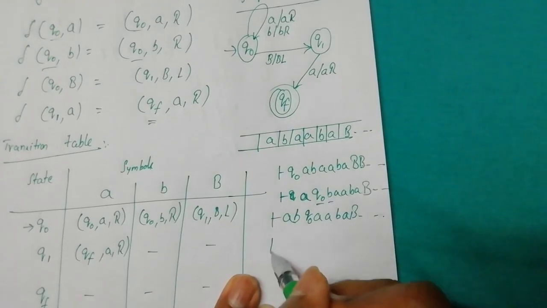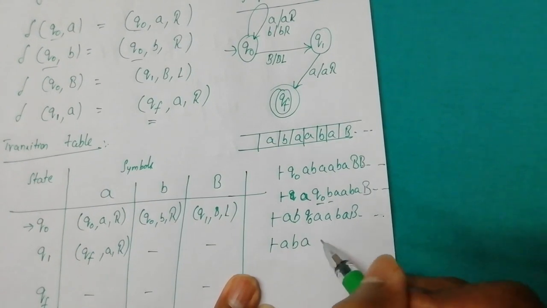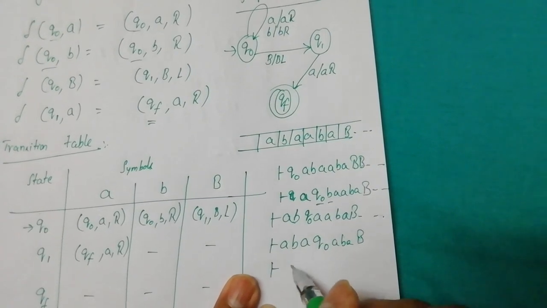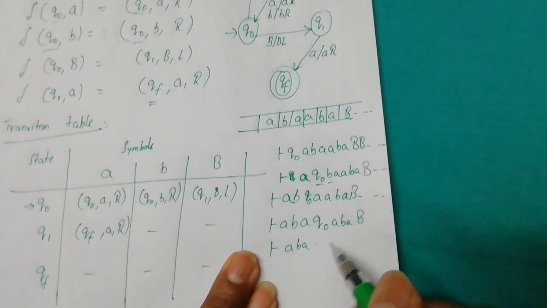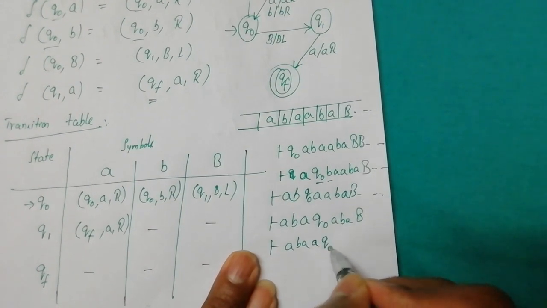Next, Q0 when come across with A, again it remains as A itself, and we are staying in the same state.